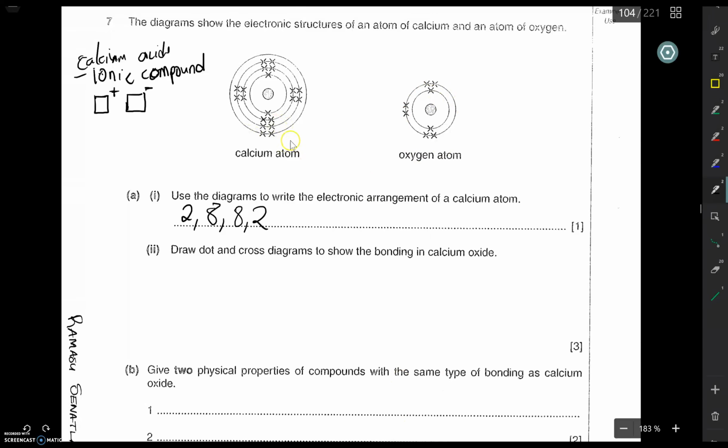So for the last shell in calcium to have 8 electrons, calcium has to lose these 2 electrons, and oxygen has to gain electrons. So these 2 electrons move from calcium to oxygen, right?